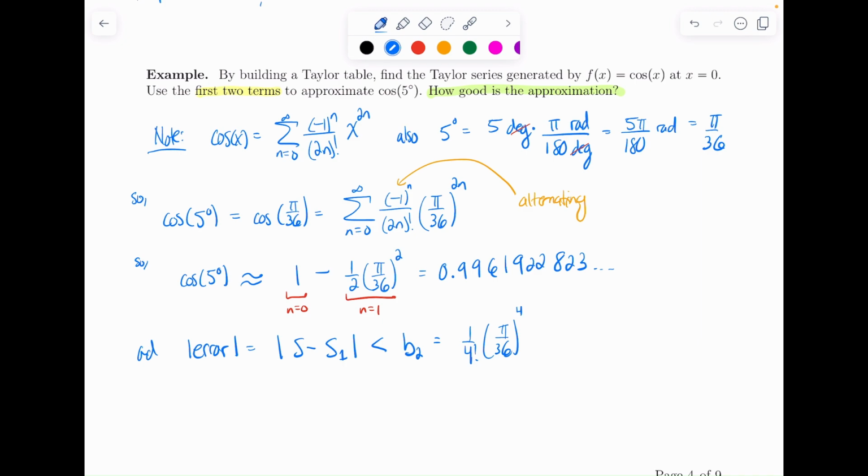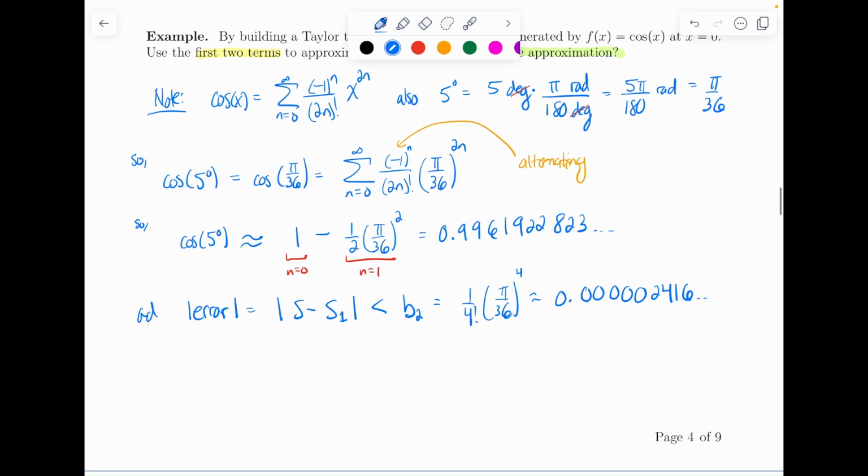And if you compute that, you're going to get about 0.00000, that's 5 zeros, 2, 4, 1, 6, etc. And what that suggests is that the approximation that I'm working with right here is accurate to the actual value of cosine 5 degrees up to 1, 2, 3, 4, 5 decimal places. That this and the real value differ by this small amount.